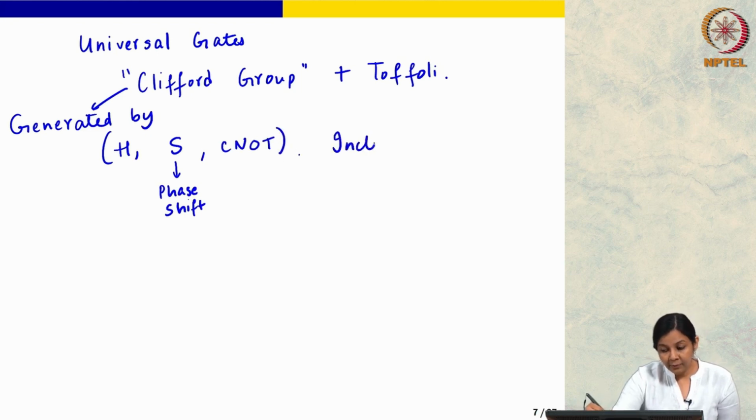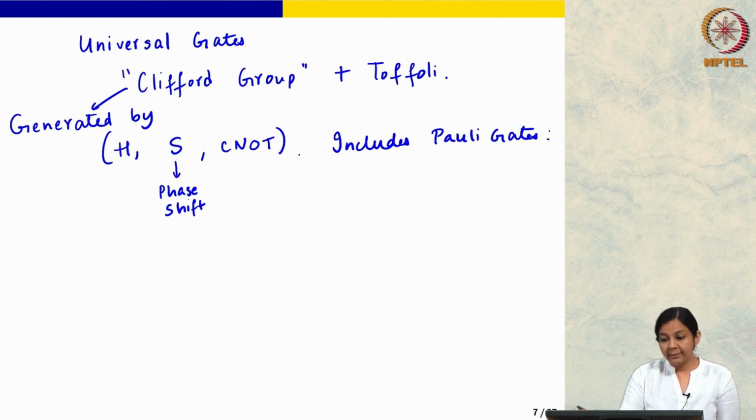And this includes, for instance, Pauli gates X, Y, Z. And among the Pauli gates, we saw how to handle X and Z, for instance.